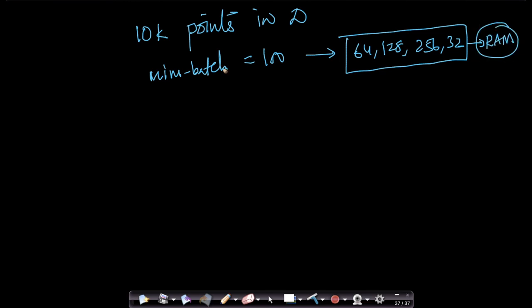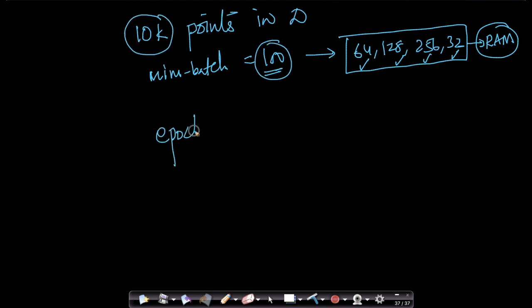We'll understand how mini batch uses the RAM when we look at coding examples. But let's assume I have 10k points and my mini batch size is 100.